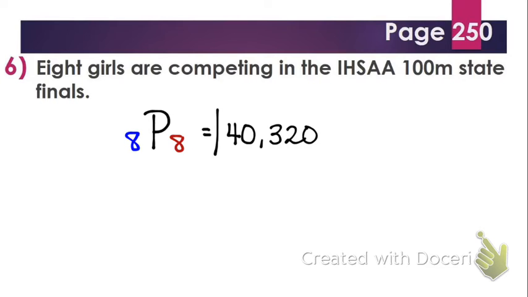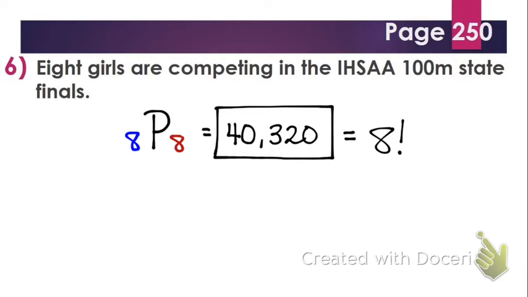40,320. I didn't mention this earlier when we saw another permutation that was just like this, where the 2 numbers were the same. When we have a permutation where order makes a difference, and all of the initial group is going to be selected, that is the same as 8 factorial. This is exactly the same as when we talked last week.